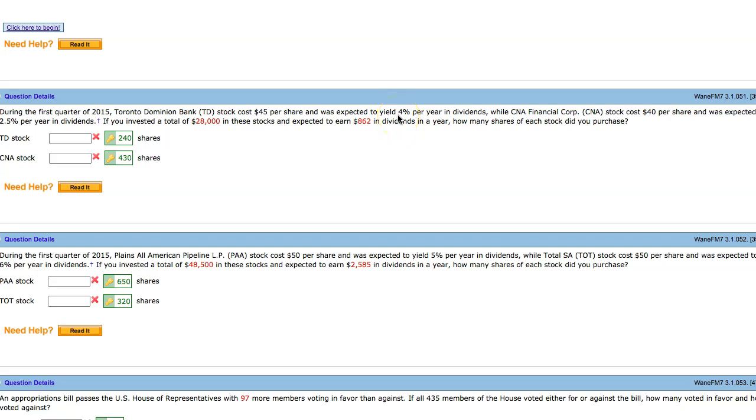So that 4% will turn into 40x plus 25y equals, and if you multiply 862 by 1,000, that's 862,000. So 40x plus 25y equals 862,000 would be your new second equation.